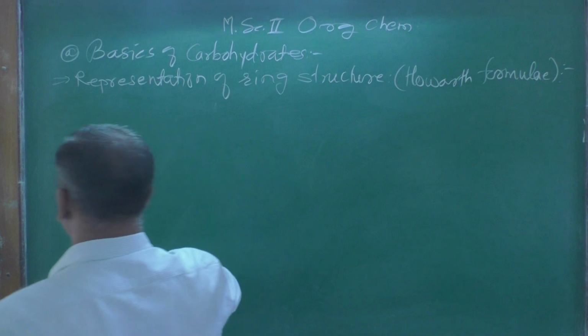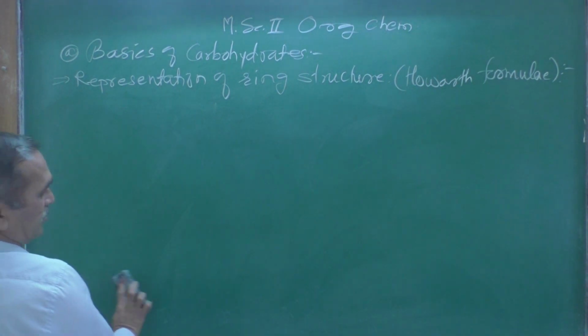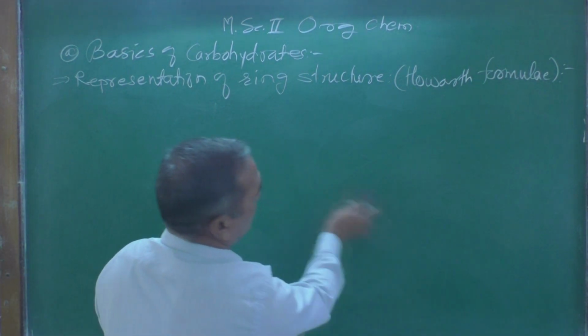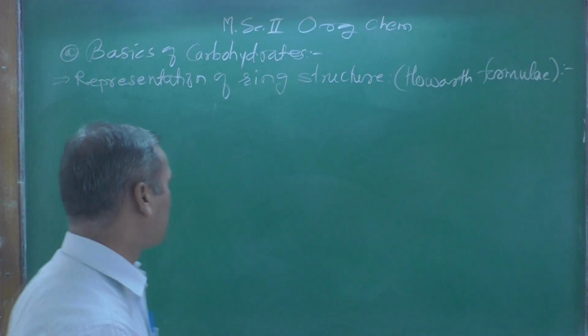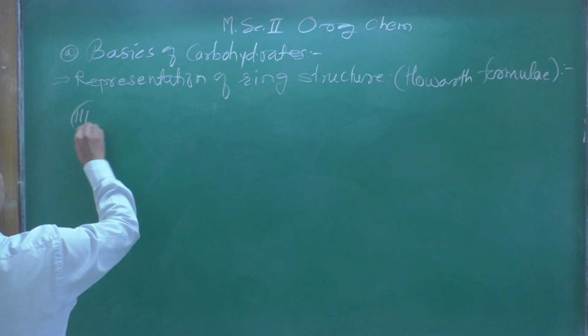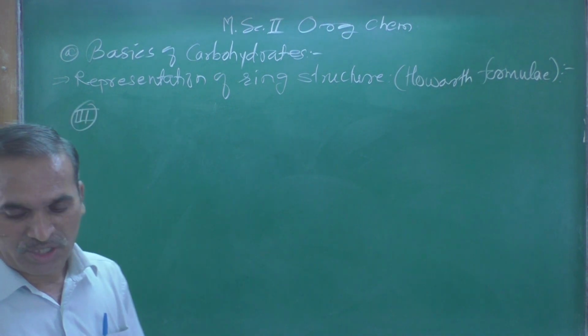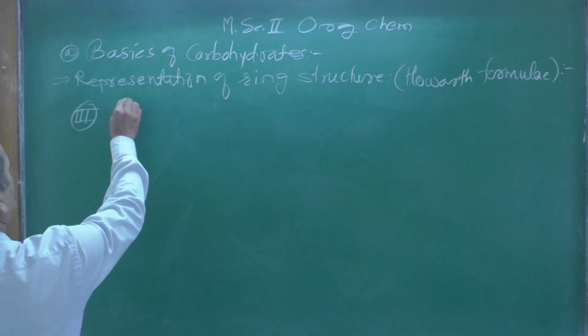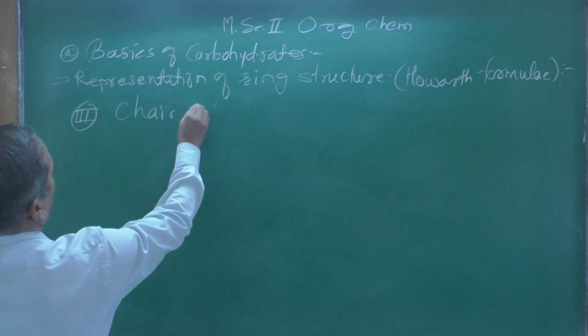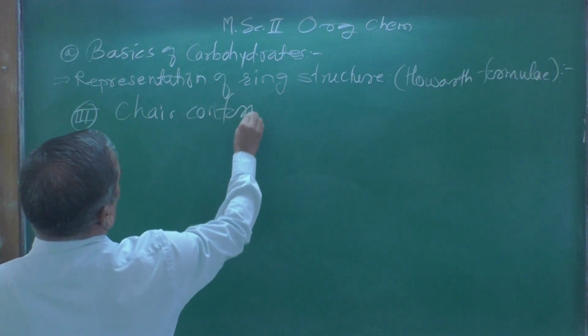The most stable conformation of cyclic compounds is the chair form, and therefore let us see the third one, that is the chair conformation of D-glucopyranose.